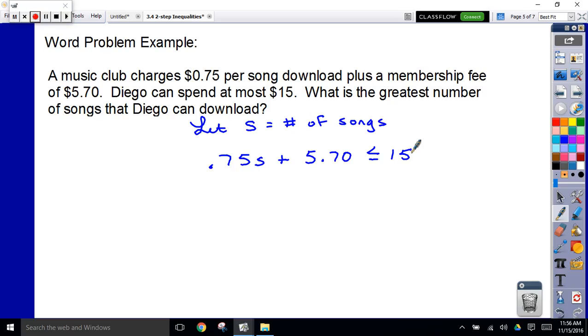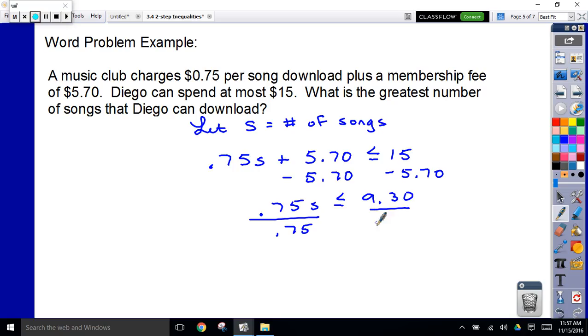Okay, then I'm going to go through this fairly quickly to solve. Subtract 5.70 from both sides. I get 0.75 S is less than or equal to $9.30. Dividing both sides by 75 cents gives me S is less than or equal to 12.4.